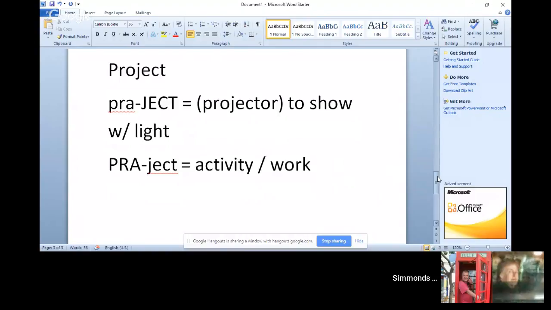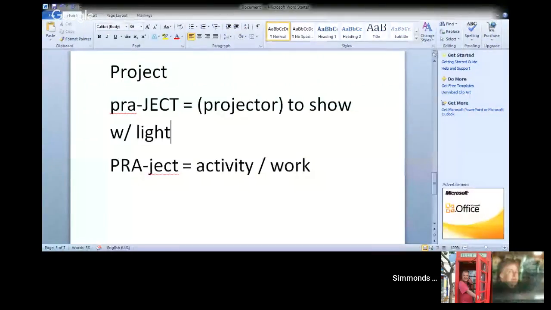So it's all around super crazy. Any questions about these words or other words? In an American accent, it might be project.